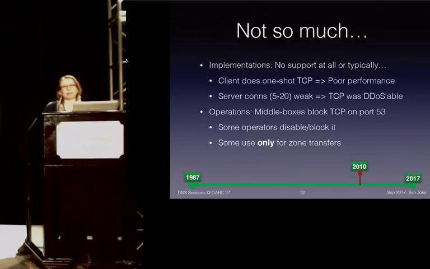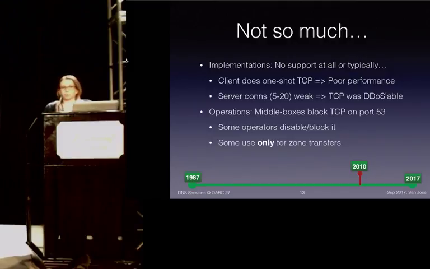It turns out around that time, there were still many implementations that didn't have any TCP support in them at all. The ones that did had taken that original advice very literally. They were doing one-shot TCP, so getting poor performance, and it was really typical for servers to, by default, have literally between 5 and 20 TCP connections that they were willing to leave open for something like the order of minutes. So that meant that there was an attack vector on the TCP service provided by many servers.